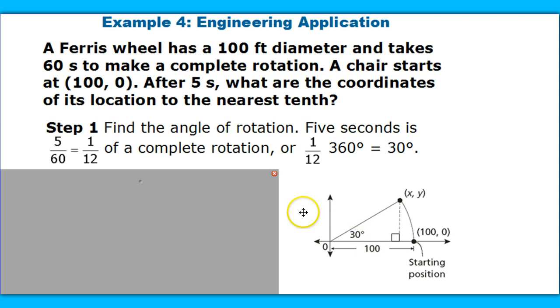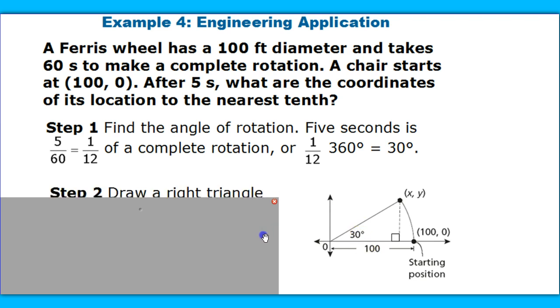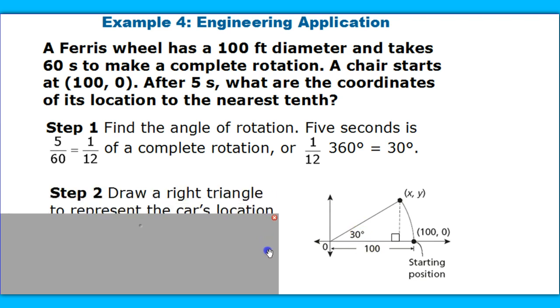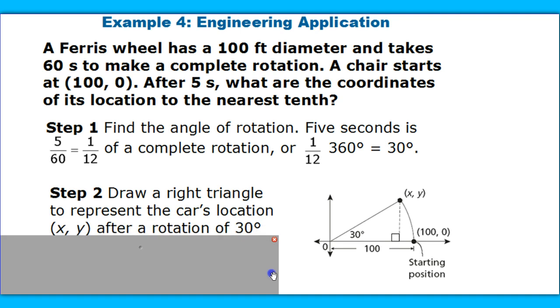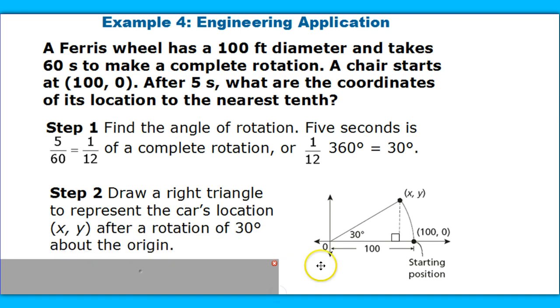And so now what we're going to do is draw in a right triangle to represent the car's location, (x, y), after a rotation of 30 degrees. So we can see that there's been this rotation of 30 degrees, and here is the point we're looking for, (x, y). What is the distance from 0 straight out to (x, y)? Well, it's the same distance as we had here from 0 to (100, 0), right?